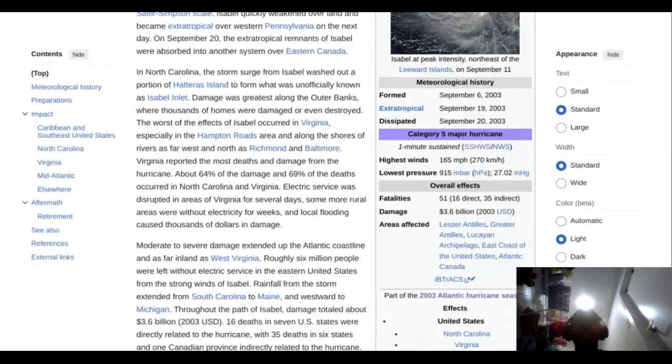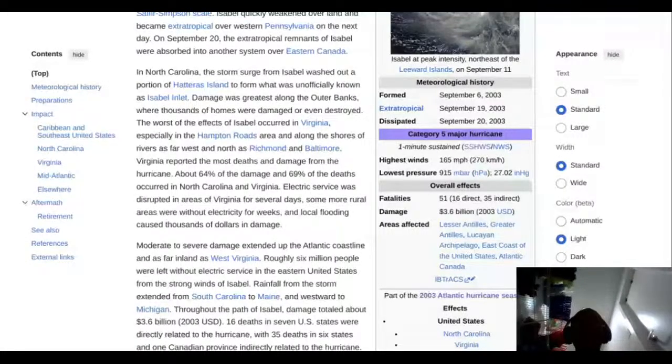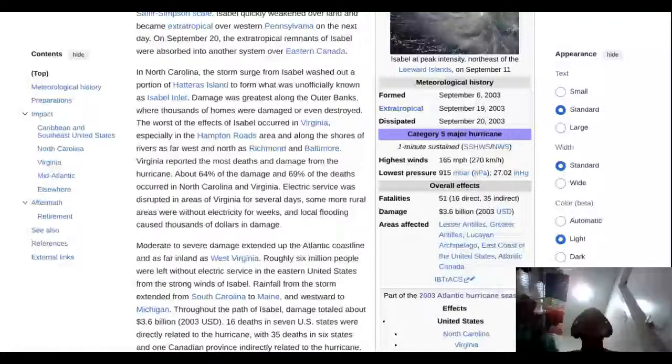This was a category hurricane with the highest winds of 100. The hurricane caused 51 fatalities, 16 direct and 35 indirect. You add 51 plus 16 plus 35. That's a lot. Well, let's go check out the next one.